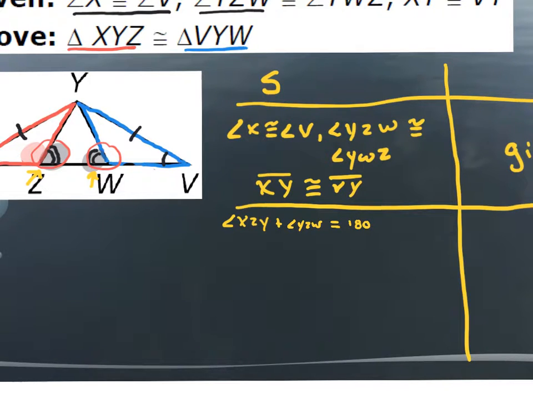180. But that's not the only linear pair I've got, right? I want to talk about the other linear pair too, the one on the right. I've got angle YWV, that's this one right here, plus the one on the other side, angle YWZ, and they will be equal to 180.